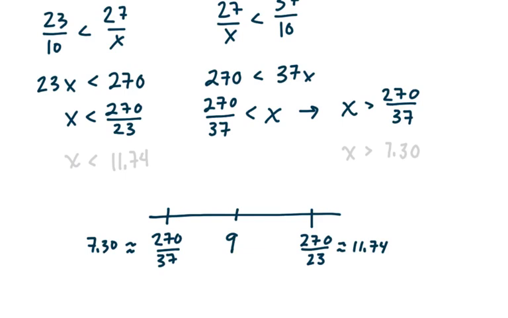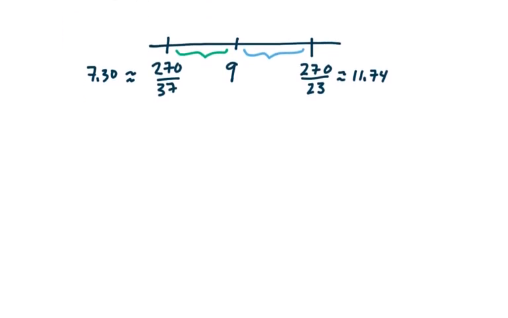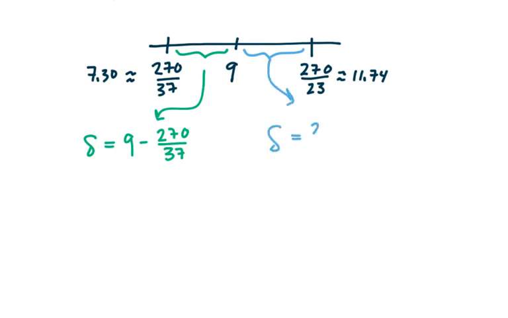All right, so what we want is the smallest interval. So we need to look at the space, the difference between these two in each of the situations. And that is found merely by doing some subtraction. So we're going to choose the smallest possible delta. In this case, delta might be 9 minus 270 over 37. And my other situation, my delta could be 270 over 23 minus 9.